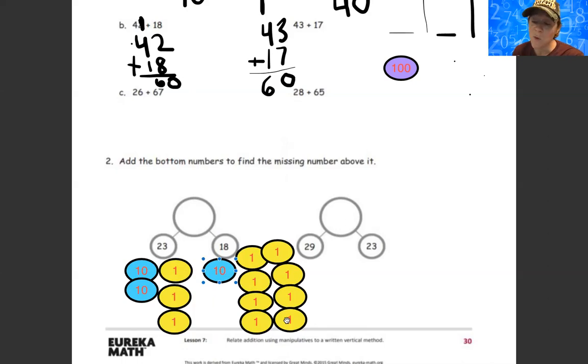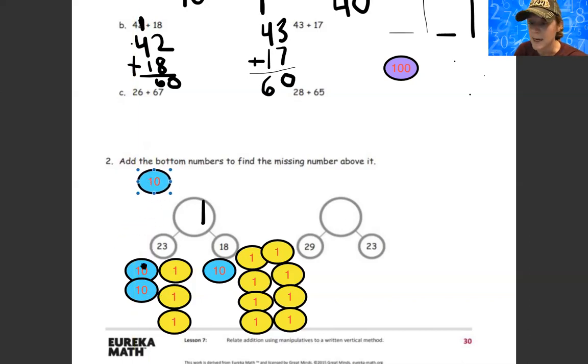So if we have 11 ones, that means we have one group of 10 that we're going to convert over. And then we are left with only 1 left. So I'm going to just make a copy of this 10, so that way we remember we have another 10 to add in.